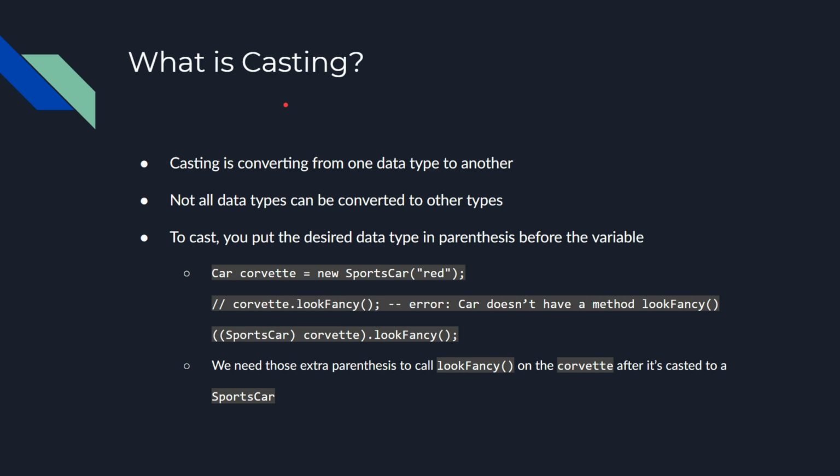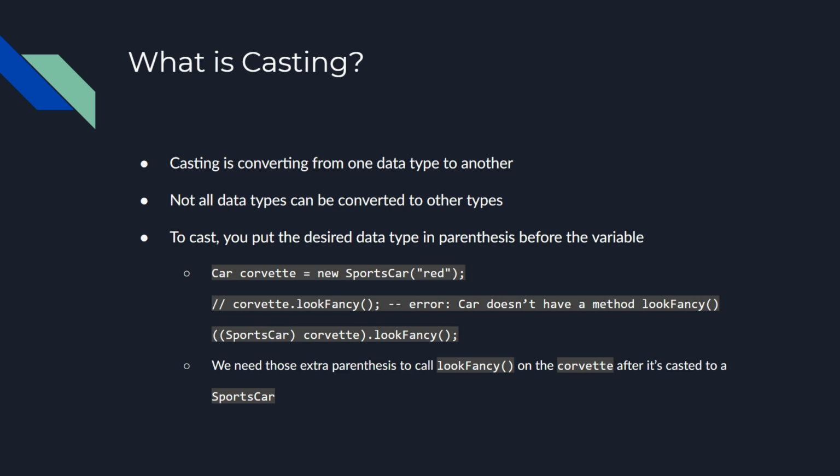But if you have a sports car and you have it stored in a variable that is a car type, if you want to access something on the sports car, you have to cast it. Casting is converting from one type of data to another type of data. Okay, so I have a car, but I'm going to force it to be a sports car. This is called casting. Now, not all data types can be casted to other types.